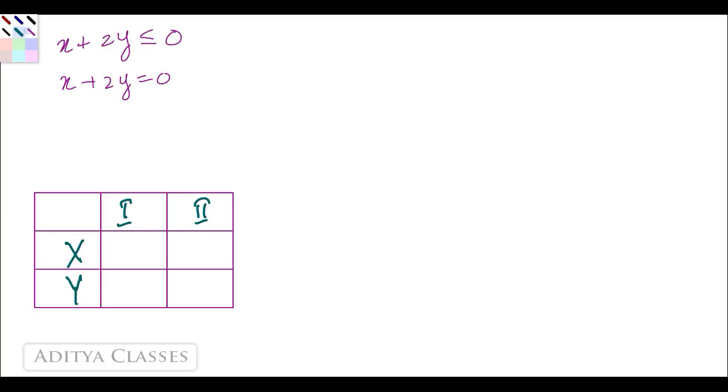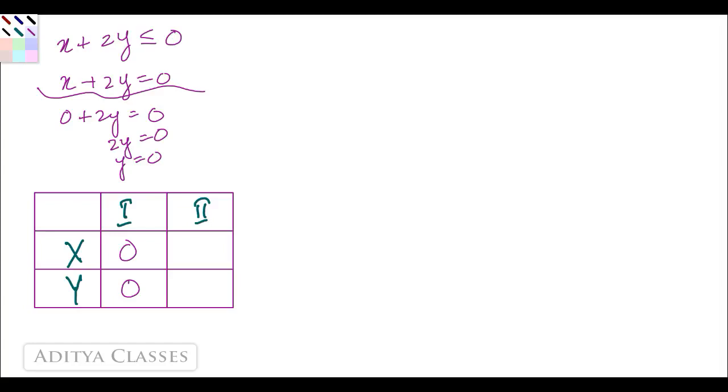Now, how do we go about it? Remember, put x is equal to 0. If I put x is equal to 0, it becomes 0 plus 2y is equal to 0. So, 2y is equal to 0, giving me y is equal to 0. Now, we are in a fix, because if we put y is equal to 0, obviously we will get x is equal to 0.